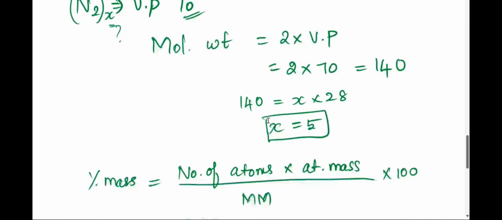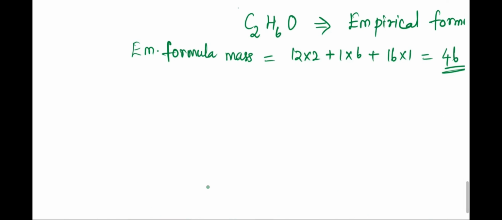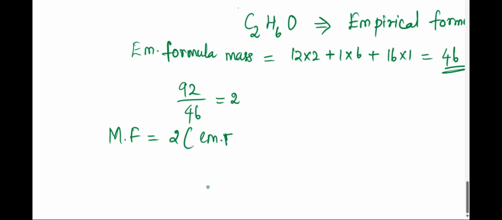So n is equal to molecular formula mass by empirical formula mass, right? So 92 by 46, which I am getting 2. n is equal to 2, which means that molecular formula equals 2 into empirical formula, which is 2 into C2H6O, that is C4H12O2.